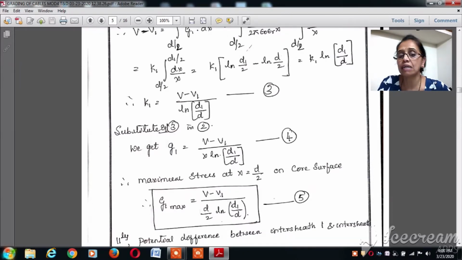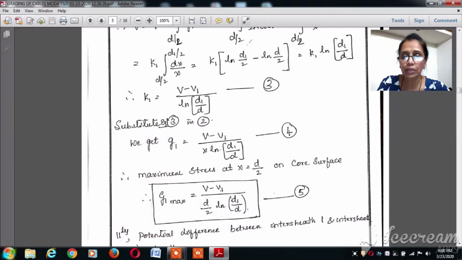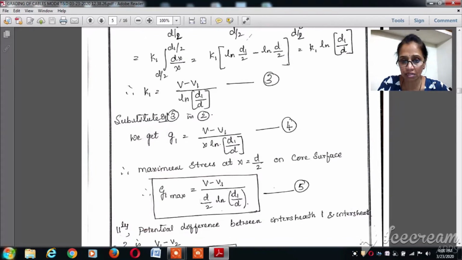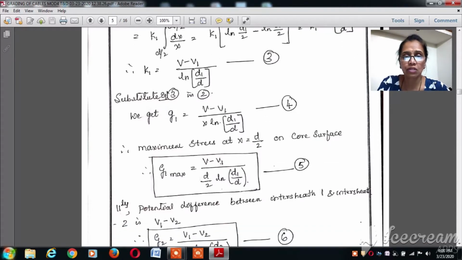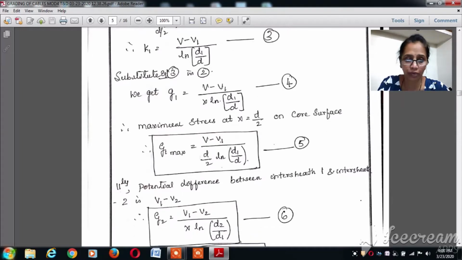To derive the formula for the maximum stress, at the core surface x is equal to D by 2, so we substitute D by 2 as the distance. G1 maximum will be equal to V minus V1 divided by D by 2 into ln of D1 by D. This is the maximum stress on the core surface. Let's treat this equation as 5.